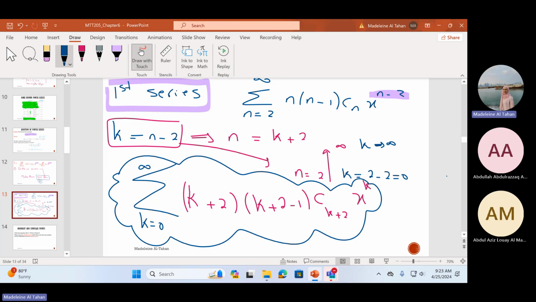Do we change to the same factor or k equally? No, the same, because you want them the same power. But here it doesn't matter because it's an infinite series.